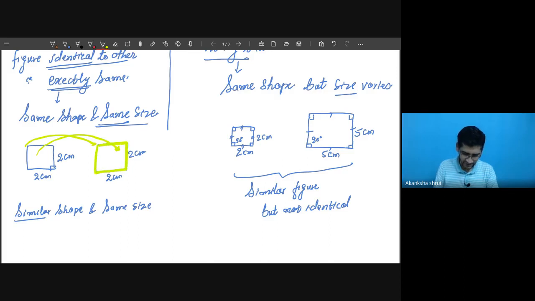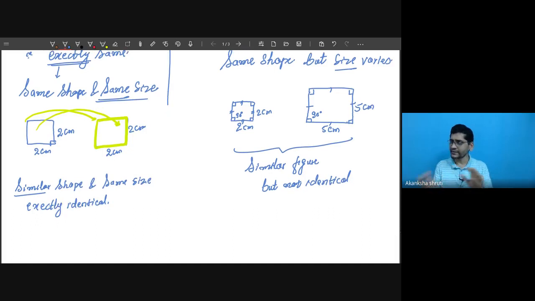If you are shifting over the other, it will hide one another. Means they are exactly identical. Means one can overlap the other, one can be hidden behind the other.